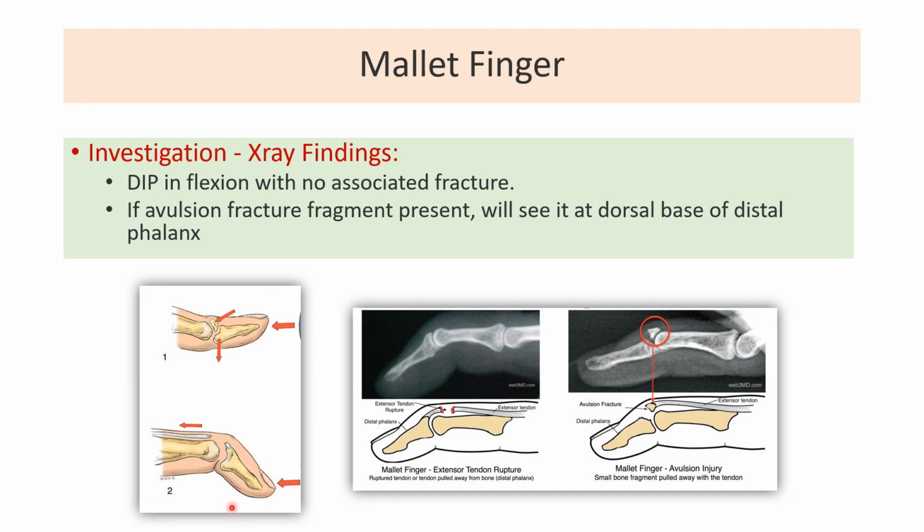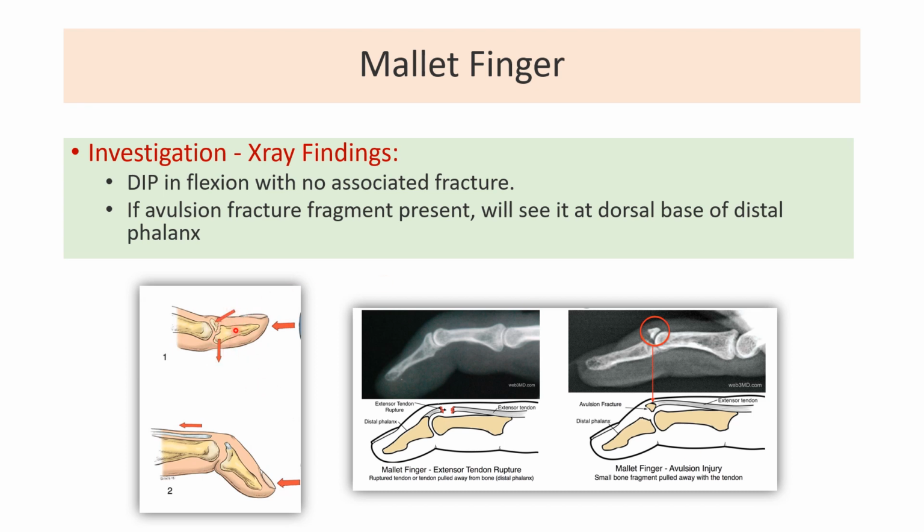So here also you can see there is the rupture of the extensor expansion tendon. That has caused the distal interphalangeal flexion without any fracture, or there can be an avulsion fracture.